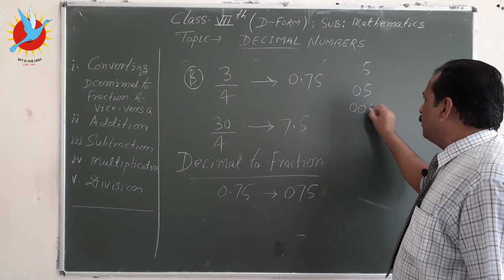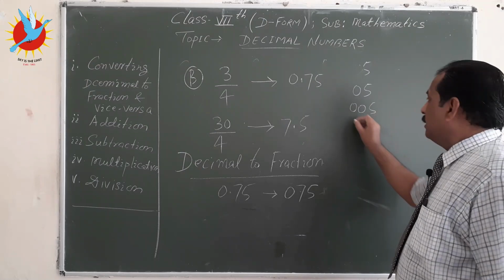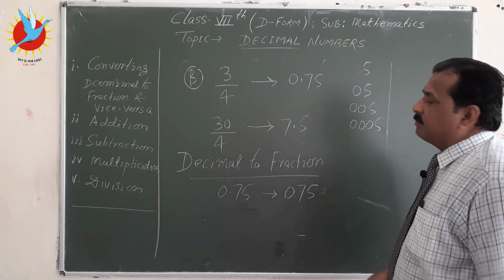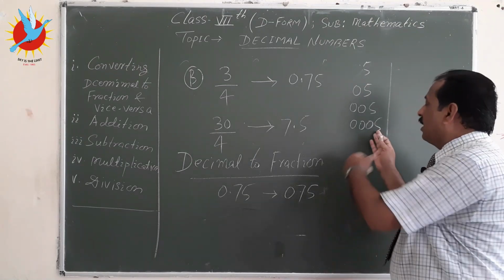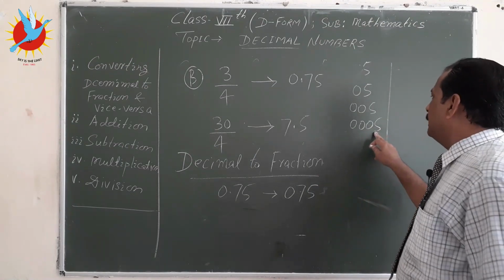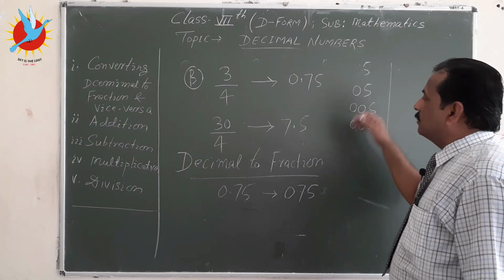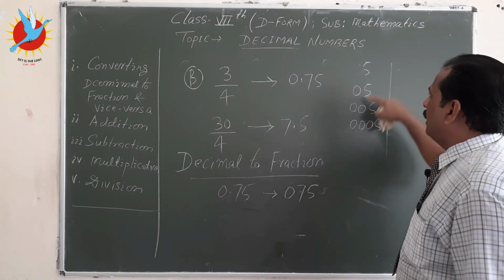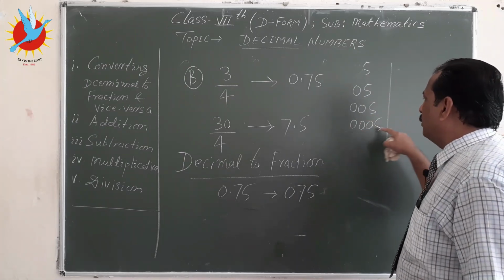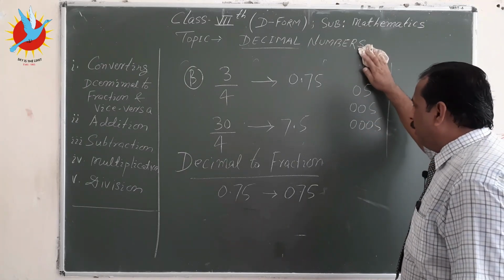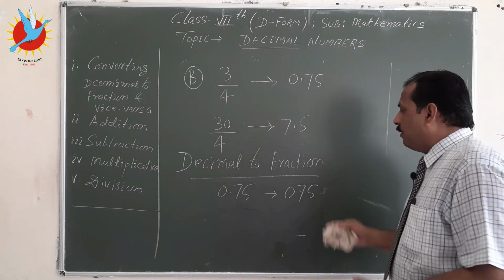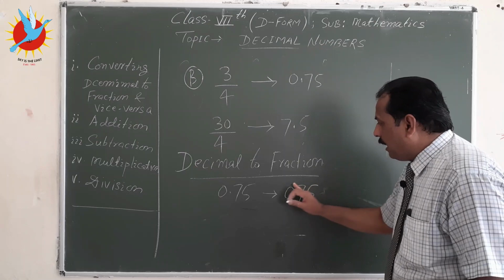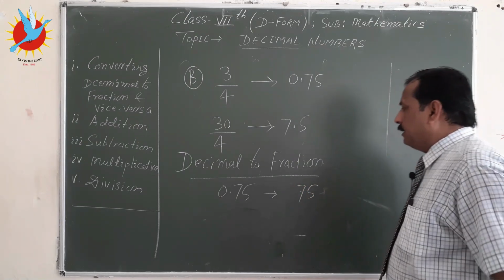This can be 0.05, the meaning is the same. 0.005 means if you increase the number of zeros on the leftmost part of any digit, the meaning does not change. So you understand this. So 505, 005, 0005 all are the same. So this 0.75 means 75.